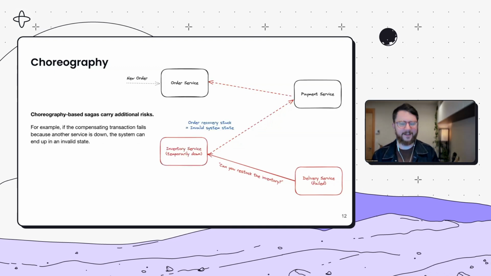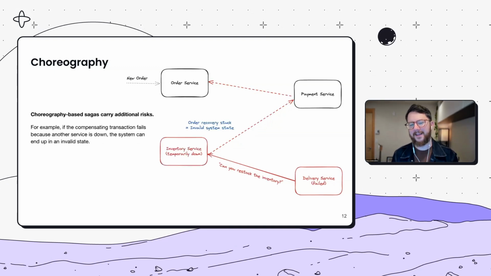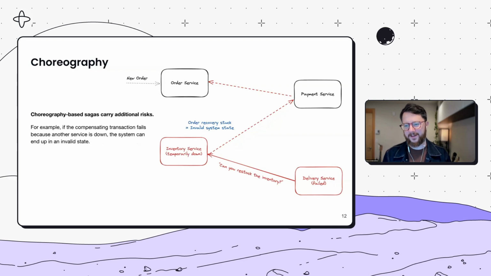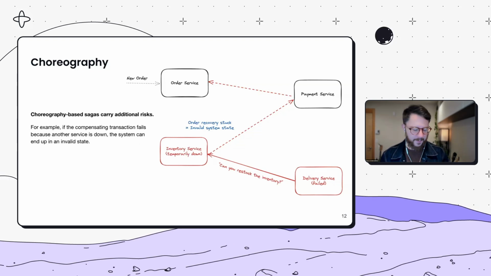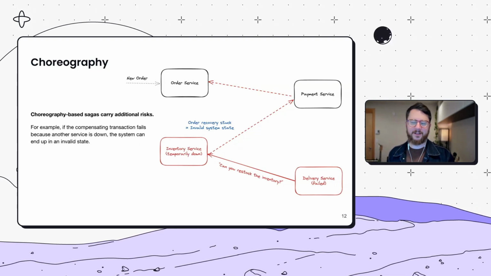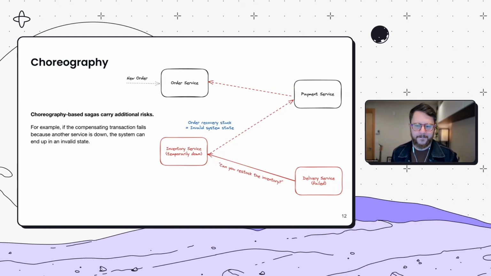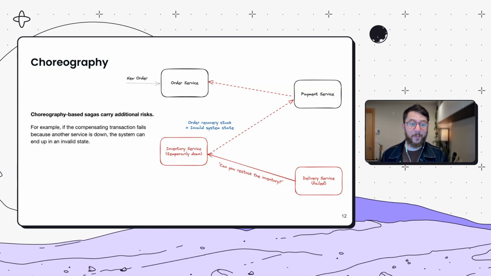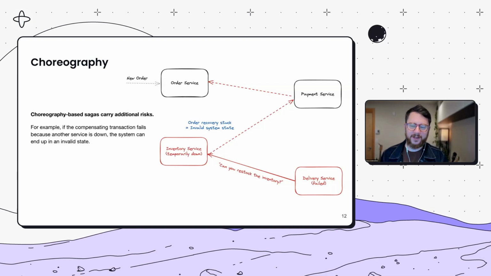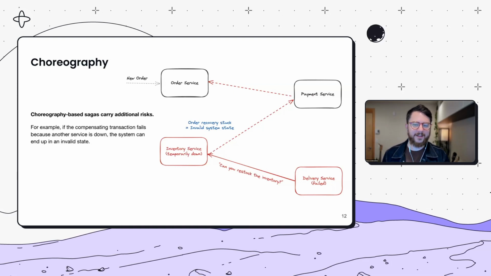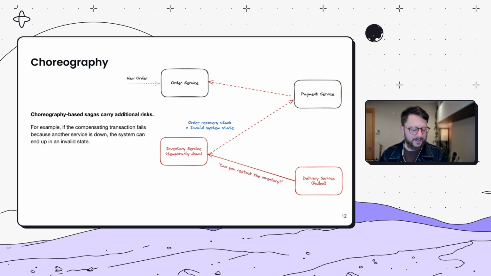A downside to that is that the same risks apply. You can end up in such a strange state. So, for example, delivery service is down. Let's say the delivery service wants to restock the inventory. It says, okay, let's start rolling this back. Let's say the inventory service is temporarily down. And let's say we don't have retry mechanisms. Well, what's the state of the system? If I was to ask, what is the state of this order?